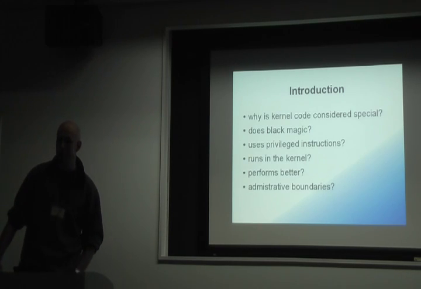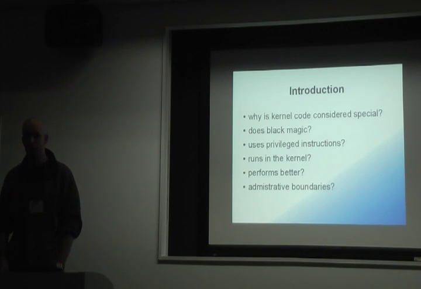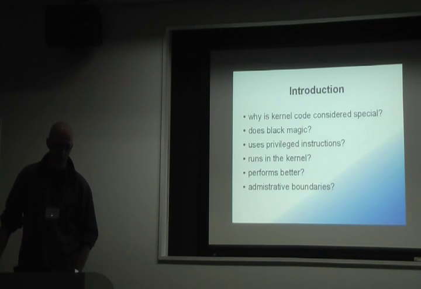For some reason, it's automatically fast if it's in the kernel. If it's in Userspace, it's automatically dog slow. Well, that's not really necessarily always true. You can write crappy kernel code, and you can write good Userspace code, and the point is how many context switches do you need to do to access some pieces of information.